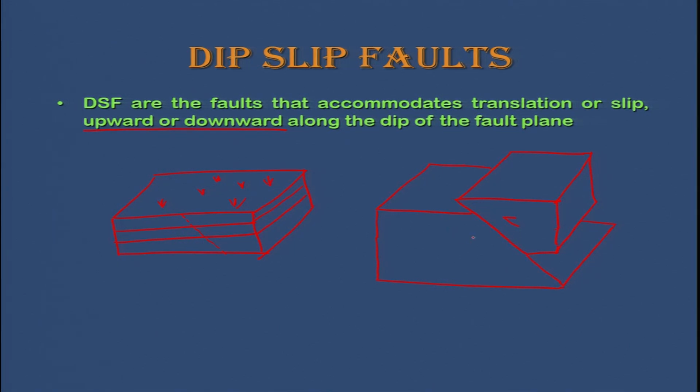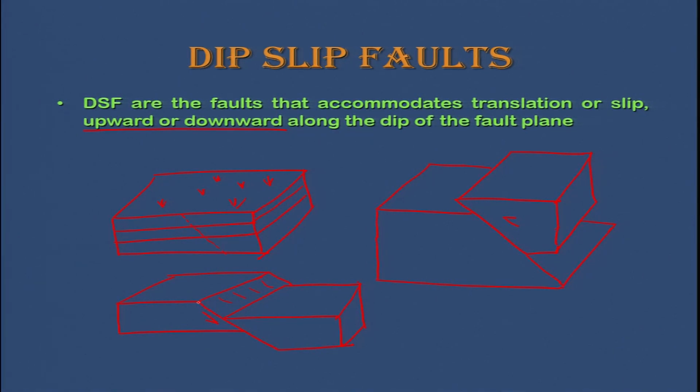So this is an upward movement, and similarly you will have the downward movement also. If you have a block which has moved down, here the block has moved down with respect to this along the slip plane, and this is the slip plane.